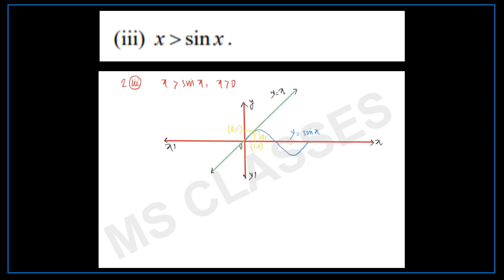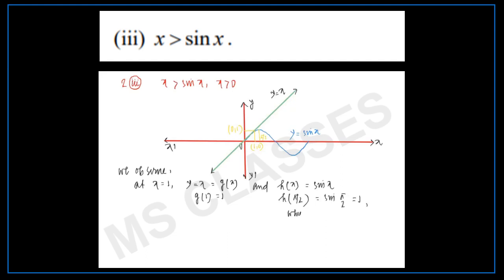Right now we observe at x equals to 1, y equal to x equal to some g(x). So g of 1 equal to 1 and h(x) equal to sin x. H of pi by 2 equal to 1, which is the max value for h(x).